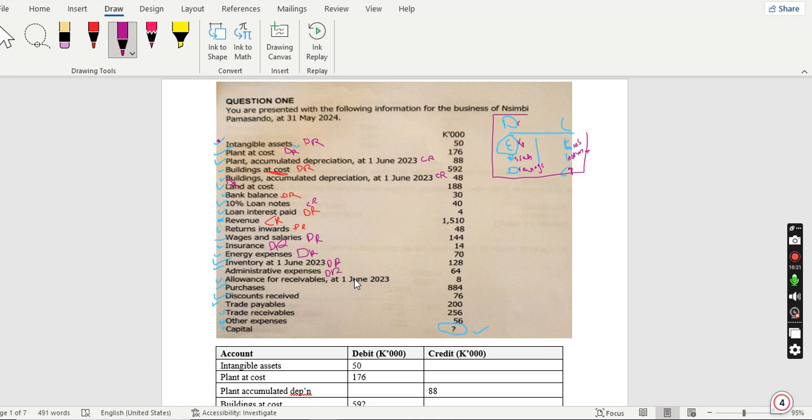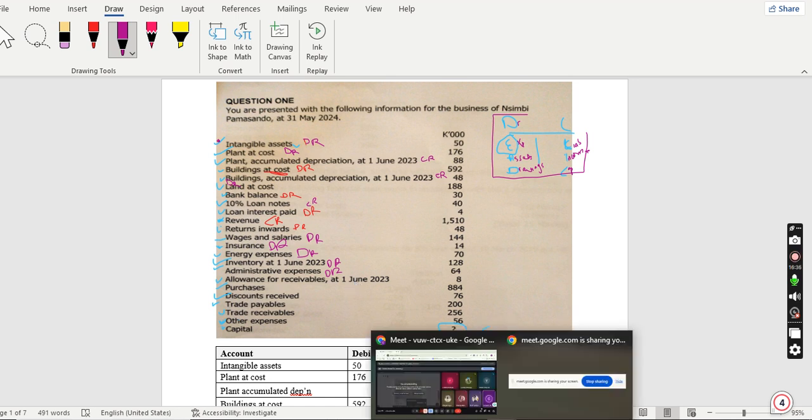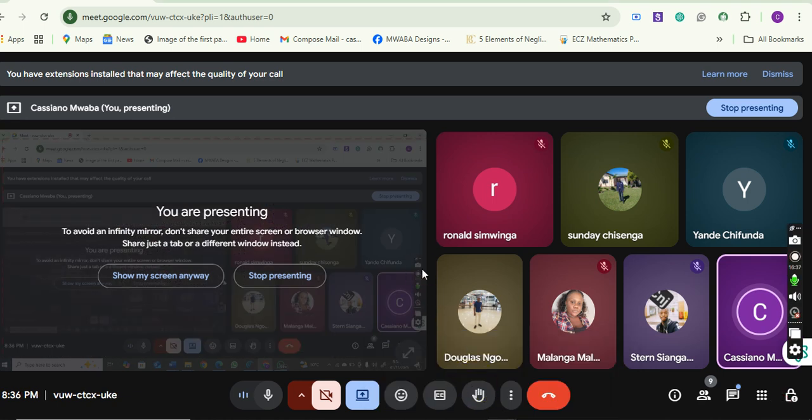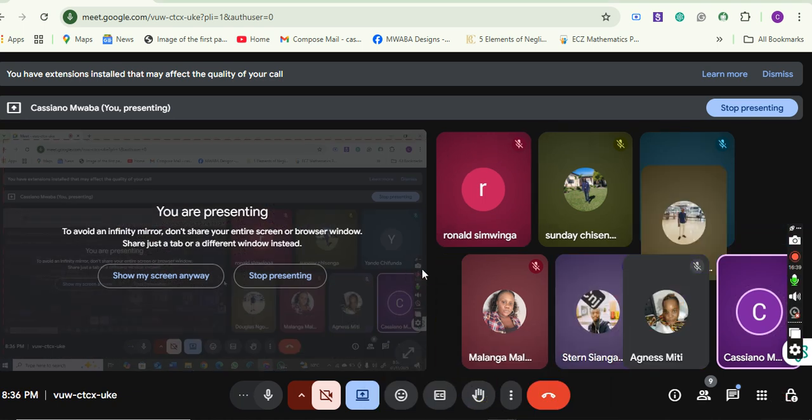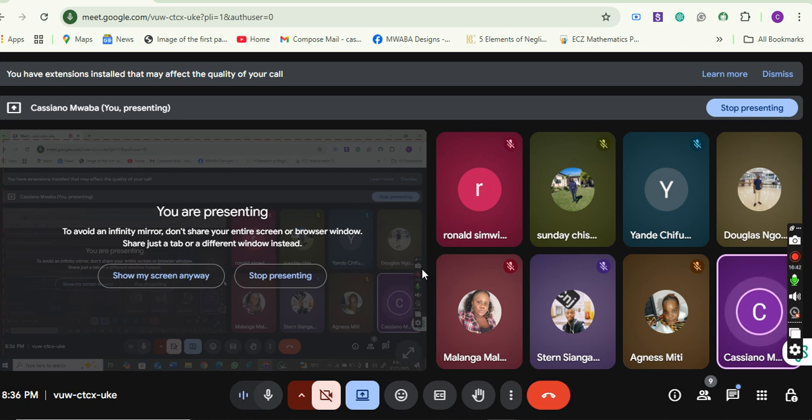This is a contra asset account. Allowance for receivables is deducted from the trade receivables amount. This is an amount that you expect not to receive from your trade receivables. Remember, colleagues, every time you do business on credit, you're not going to get all that money.